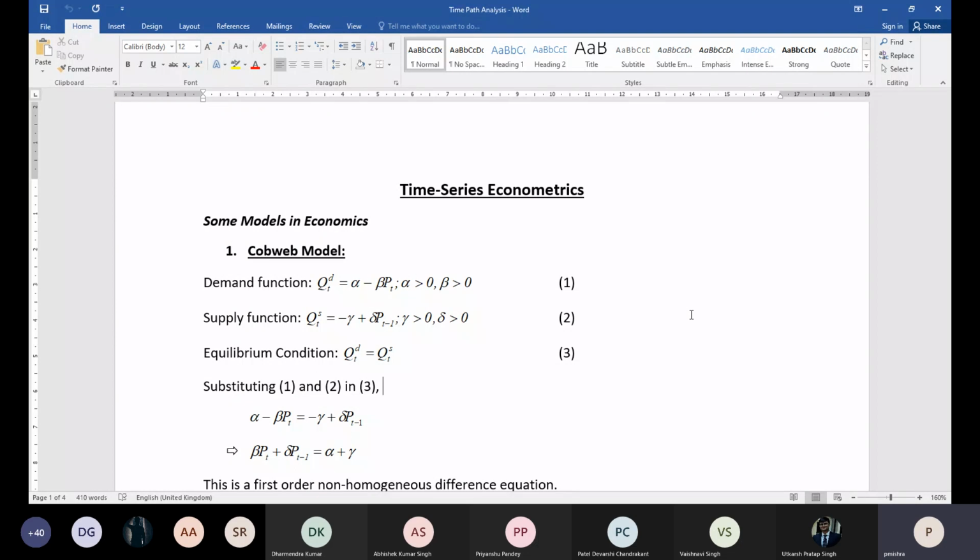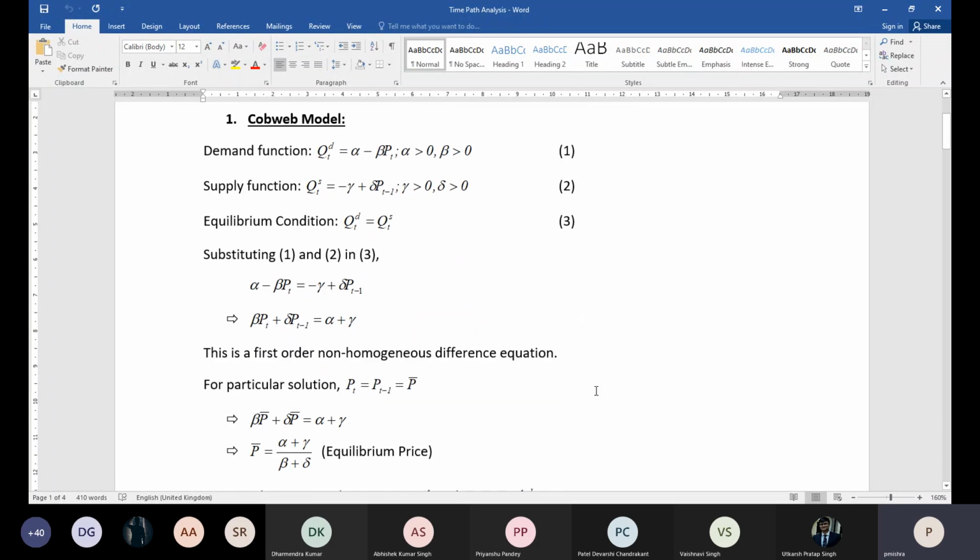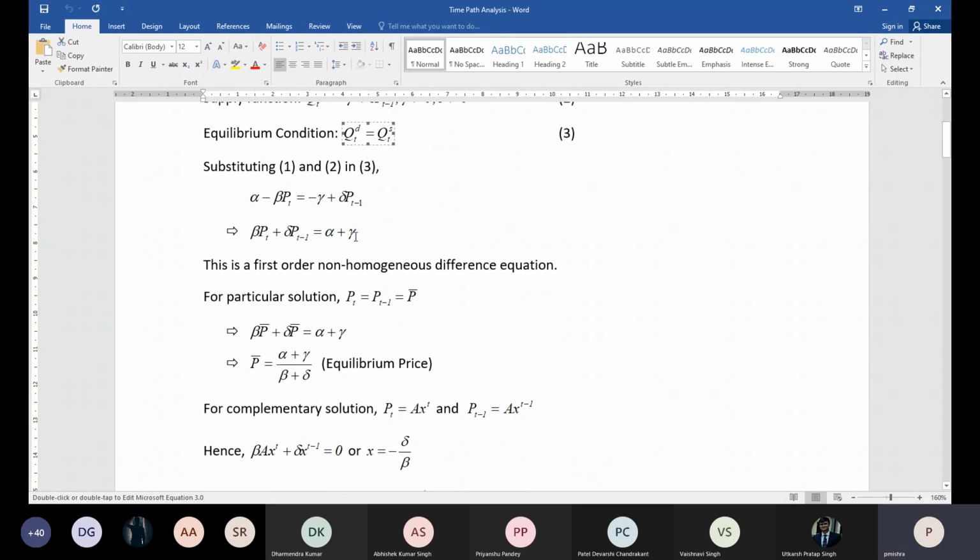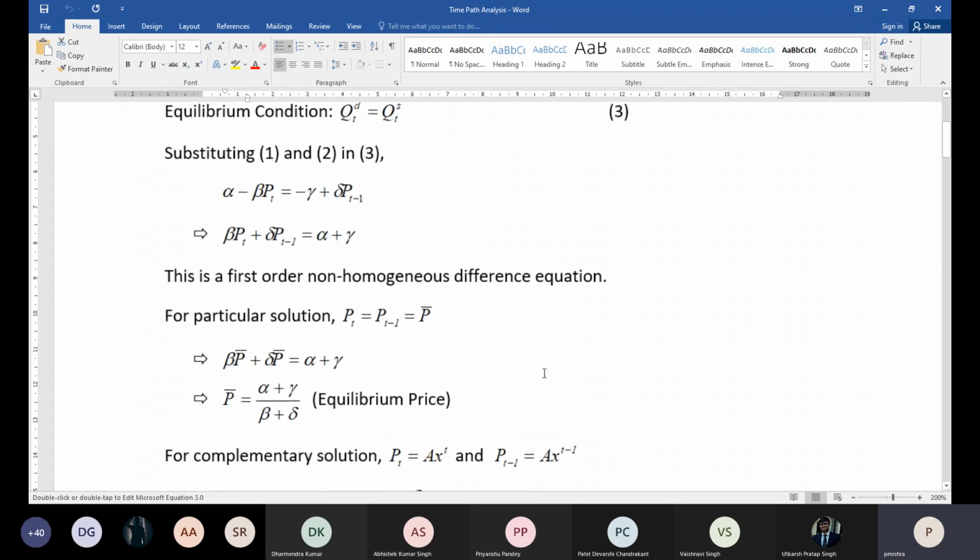And in equilibrium, we assume that quantity demanded is equal to quantity supplied. Now you know how to solve some such models, particularly those who have done some course in economics. You might be knowing that this is the demand function, this is the supply function. So we put both demand and supply function in this equilibrium condition, and then we get a first order non-homogeneous difference equation like this.